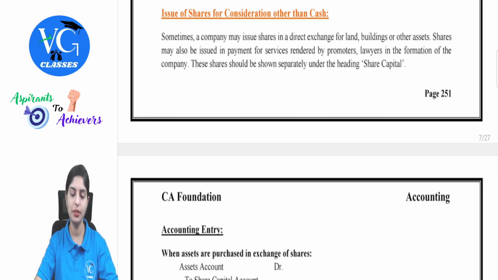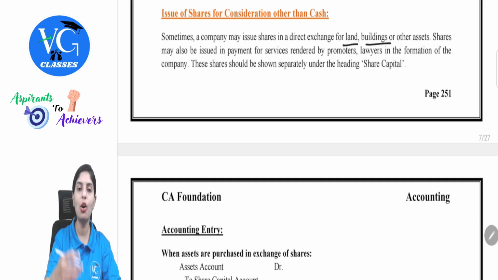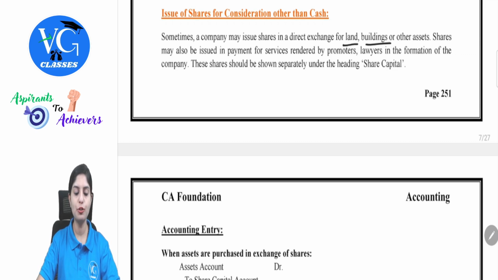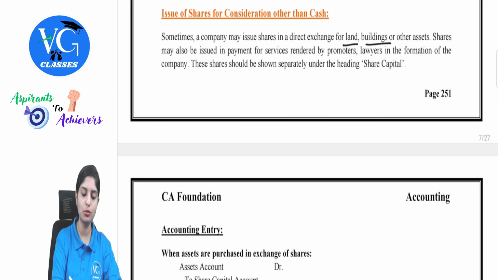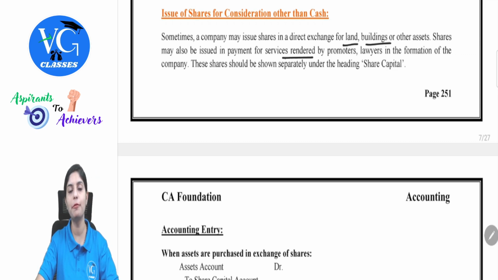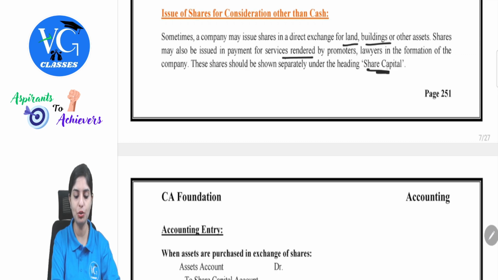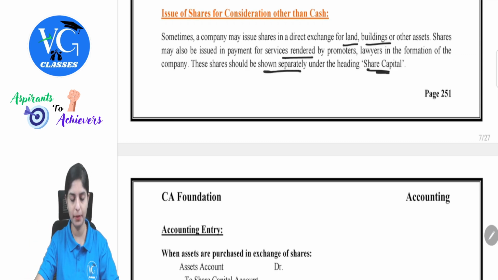See, sometimes a company may issue shares in direct exchange for land, building, or other assets. Shares may also be issued in payment for services rendered by promoters, lawyers in the formation of the company. So, this is with respect to the professional services rendered to the company. These shares should be shown separately under the heading share capital itself because this is for consideration other than cash.